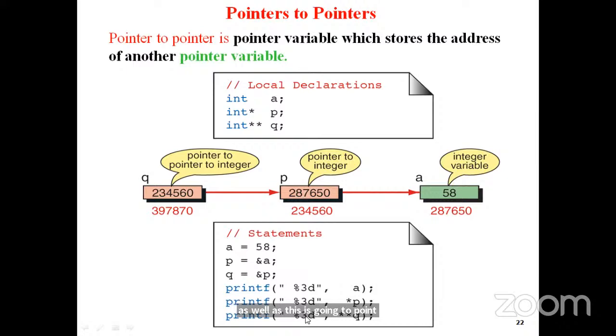Suppose you have written only star Q in the printf statement, single star Q. What is the output? Can anyone tell me? What is the output of star Q? Very good. Which address? P's address.